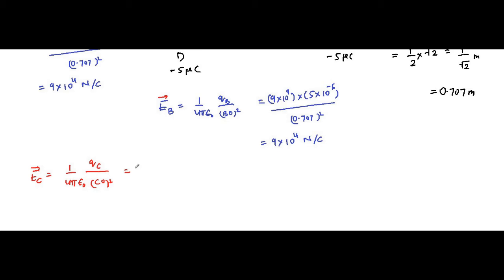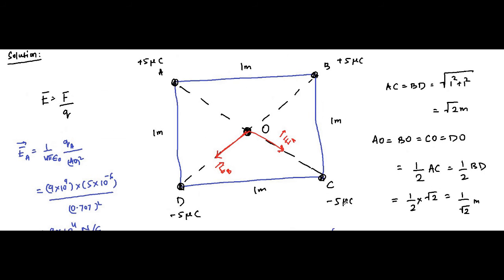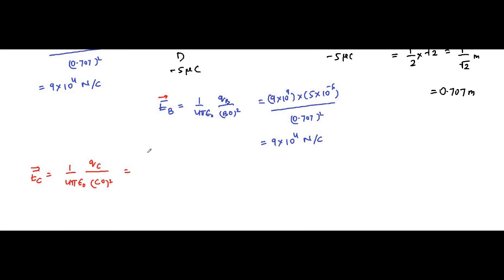QC has the same magnitude, 5 microcoulomb, the negative sign just shows it is a negative charge. Distance CO is also equal to 1 by root 2 meter. So the magnitude of EC will also be equal to EA and EB, 9 into 10 to the power 9 into 5 into 10 to the power minus 6. Here I am not putting the minus sign, I will specify it in the direction, don't worry about that.